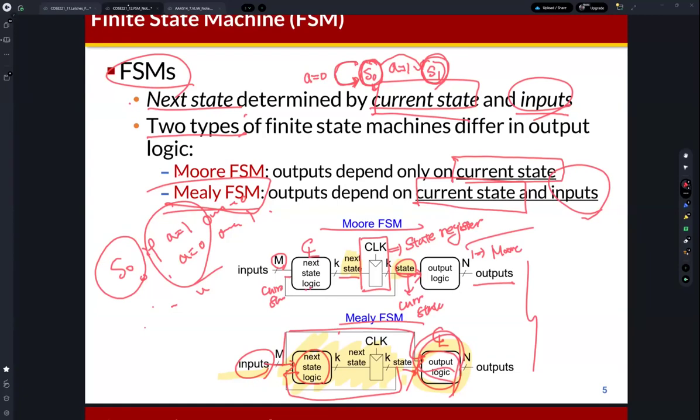You can find that the output logic in the Moore FSM receives the current state as input signals, right? But in the Mealy FSM, the output logic receives the current state and input signals, right? So this is the only difference. Okay.